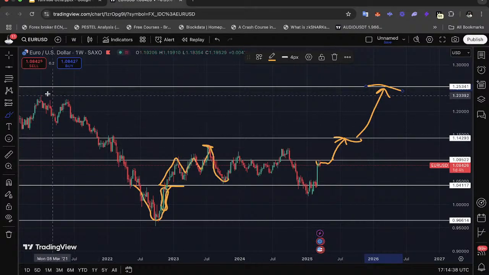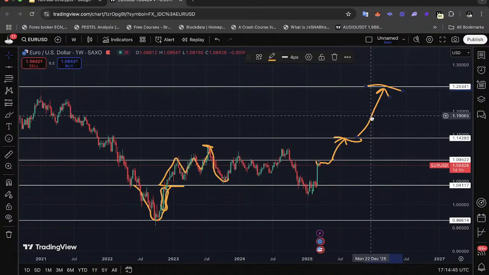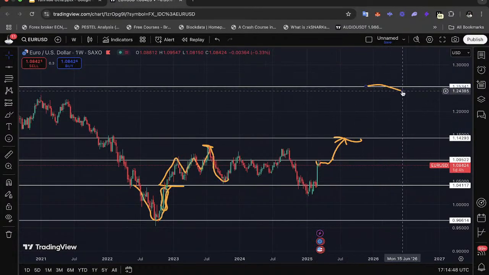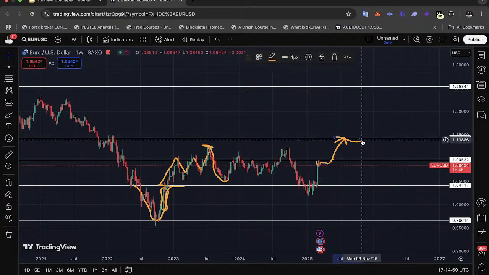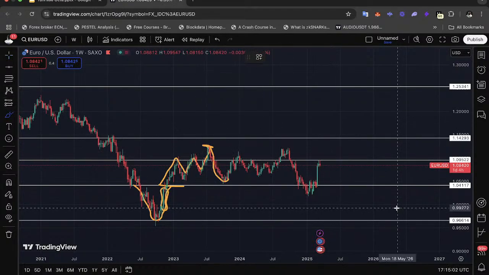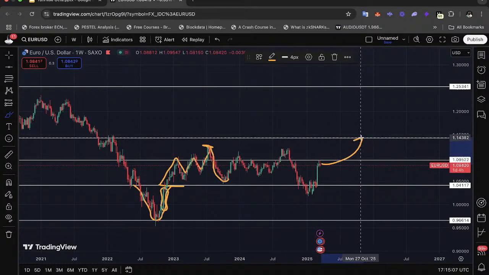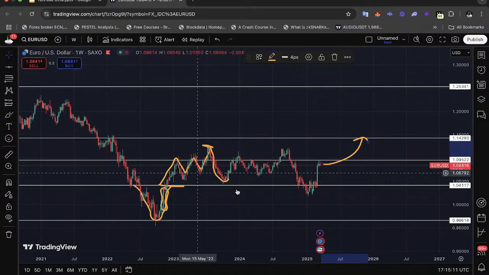Now let's go down to the lower time frame, because everything we can see here is pointing us to one direction. So the higher likelihood of a push in price.